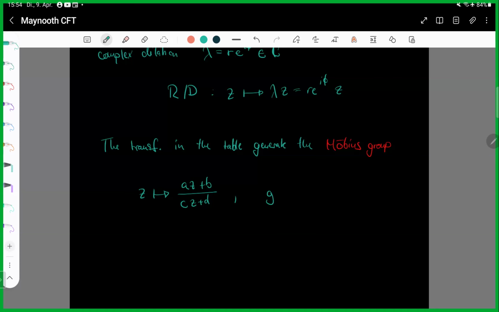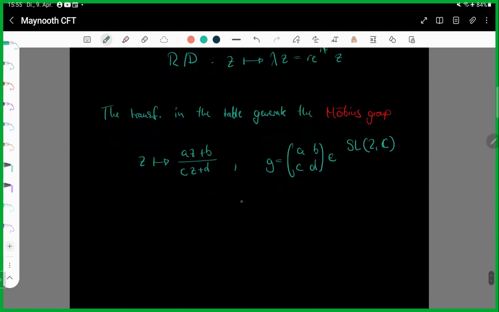So the Möbius group, basically what it does is it takes a complex coordinate z and it maps it into this quotient. And so A, B, C, and D are taken from a matrix, A, B, C, D, which I call G. And this matrix is taken from the special linear group SL(2,C). So that means A, B, C, D are allowed to be complex numbers.